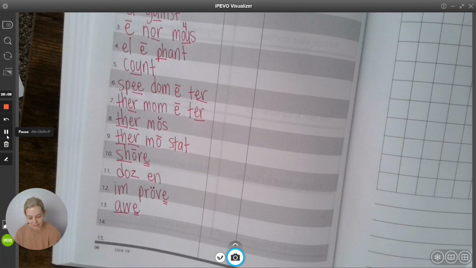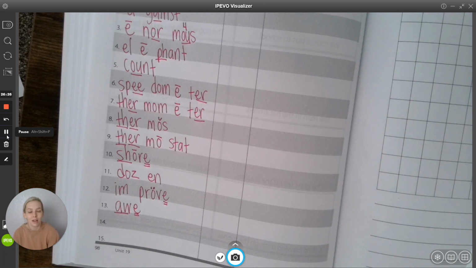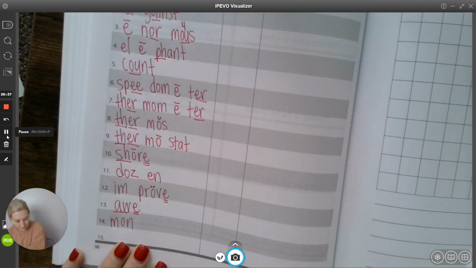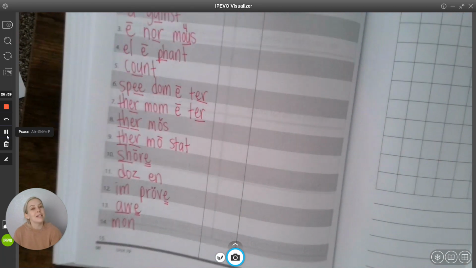Number 14, monkey. Monkey. The monkey swung through the trees. Two syllables in monkey. First one is mon. Let's sound it out. Finger spell. Second syllable is key.